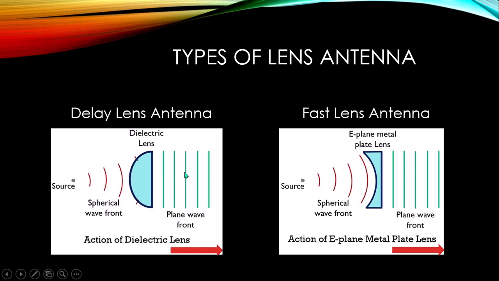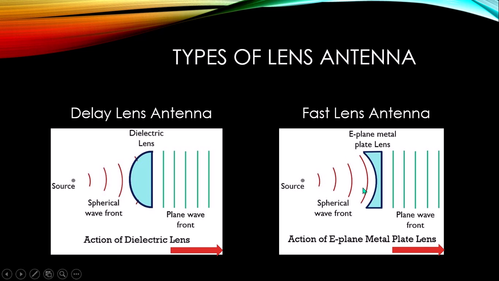This is also classified into two categories: the non-metallic dielectric lens or the metallic dielectric lens, based on the type of dielectric material.